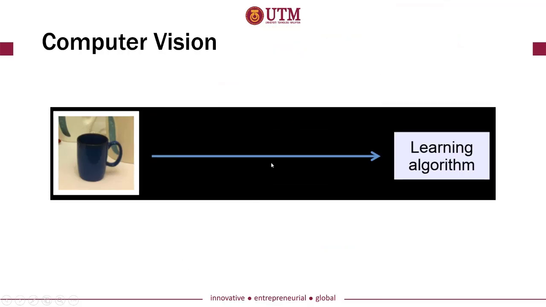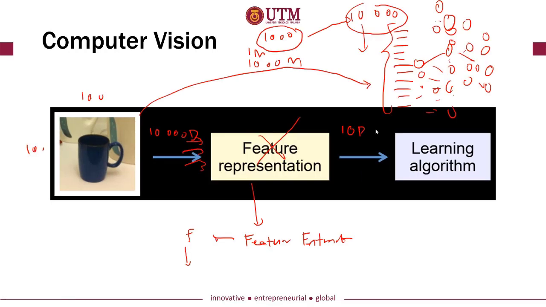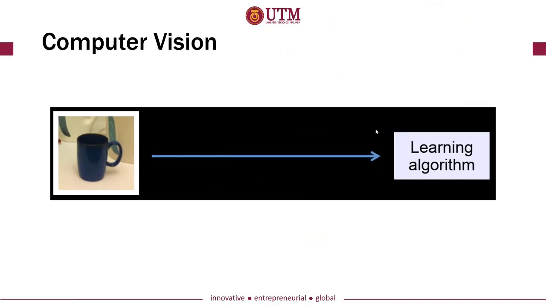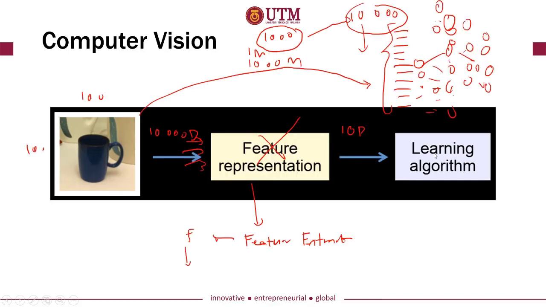So the difference between deep learning and machine learning in computer vision is that in deep learning, the raw data, which is the image, is passed through the learning without feature extraction, like I said before.